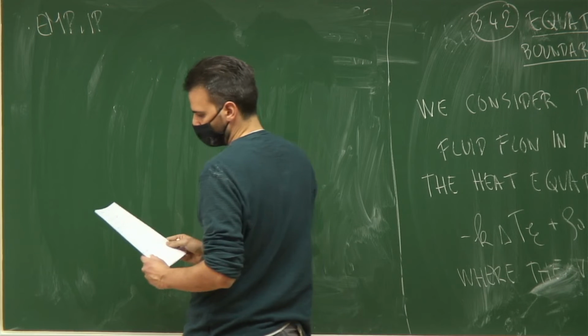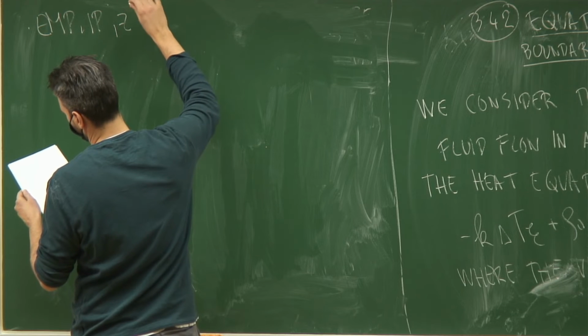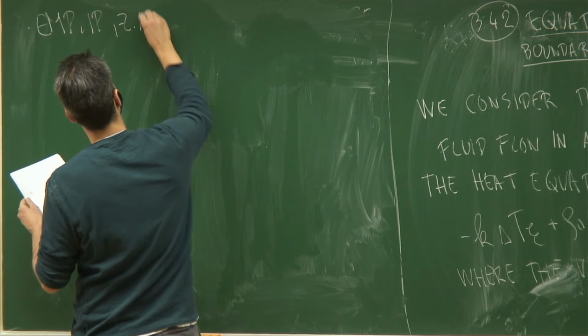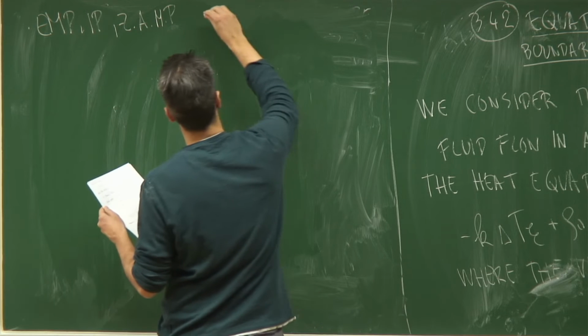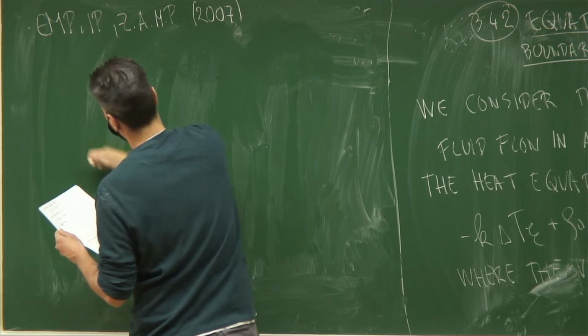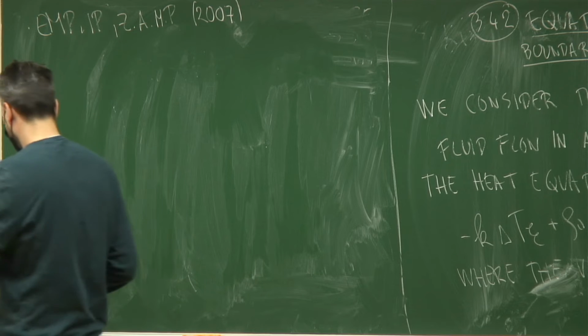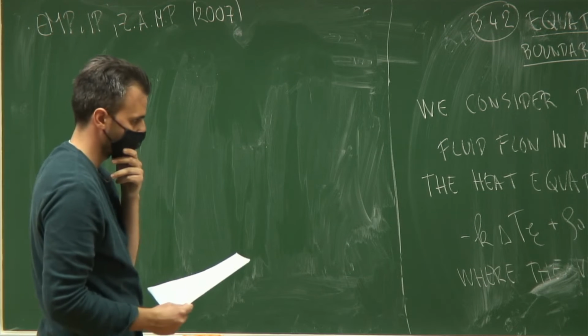The fluid flow through a helical pipe is in ZAMP 2007, if you're interested. Regarding the boundary conditions, they're more or less classical.